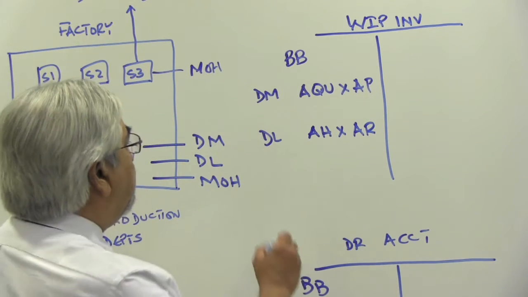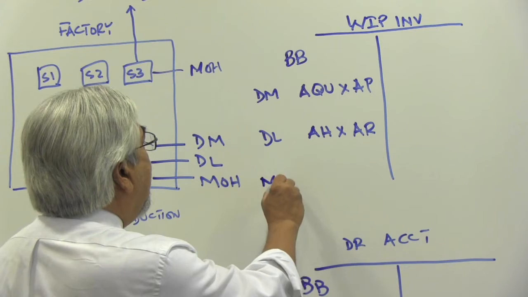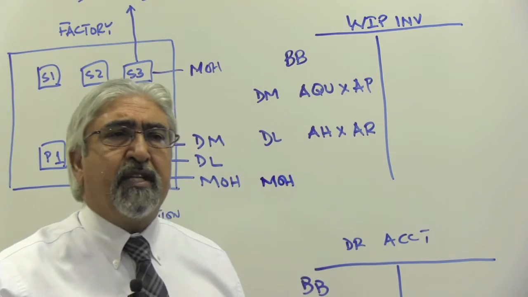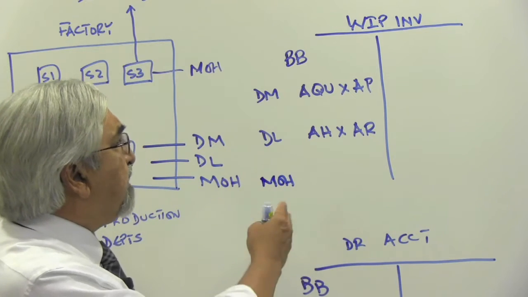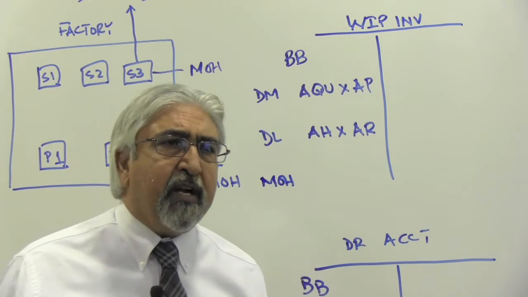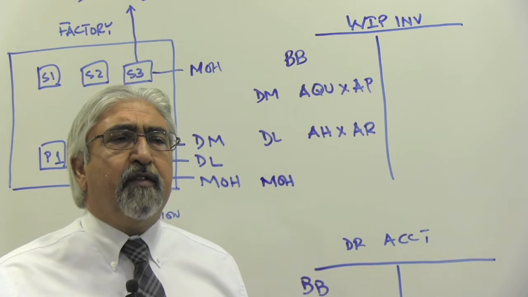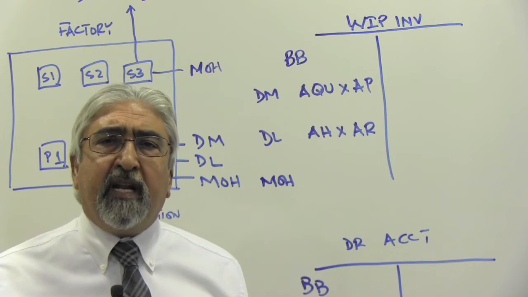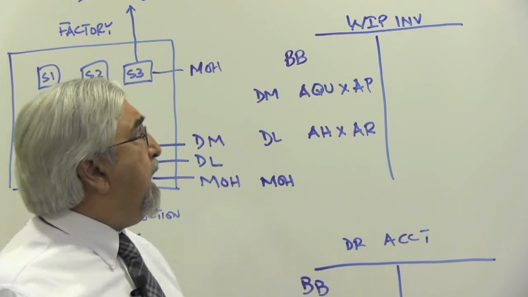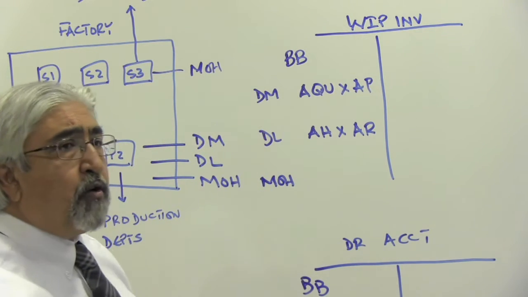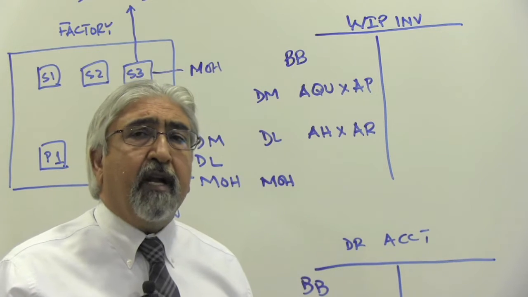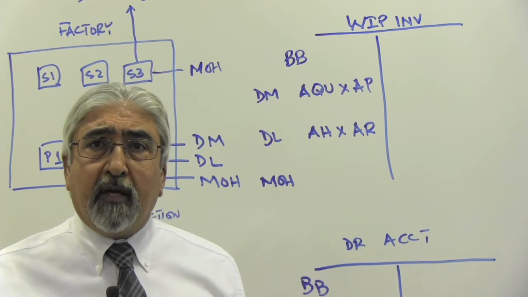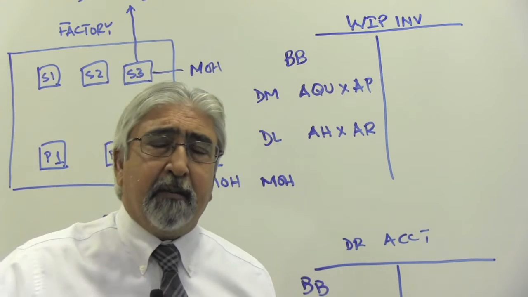And then in terms of manufacturing overhead, any time we incur an overhead cost in the factory, we will just directly debit it to work in process inventory. So for instance, if the depreciation expense on the factory machinery is $5 million, we will debit work in process inventory for 5,000 and credit accumulated depreciation for 5,000, or 50,000, or whatever I said.